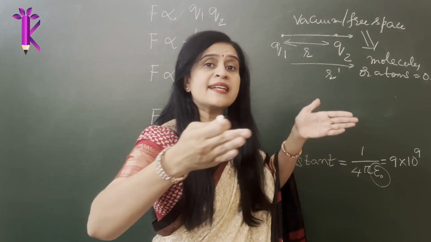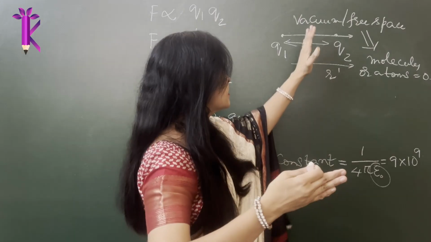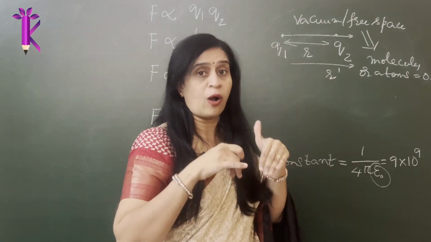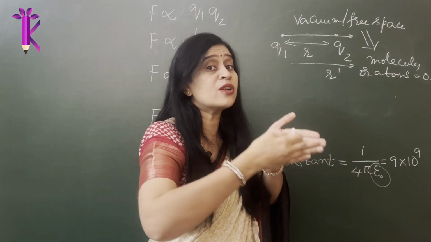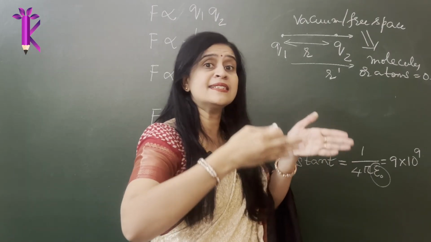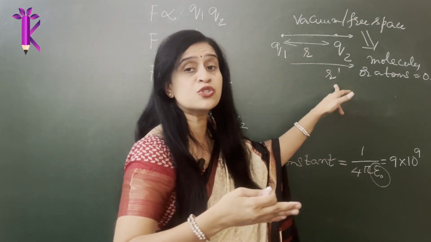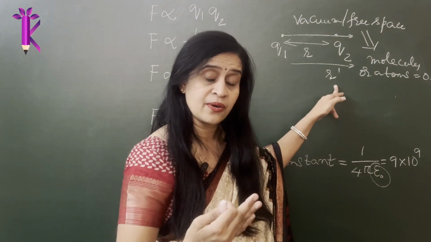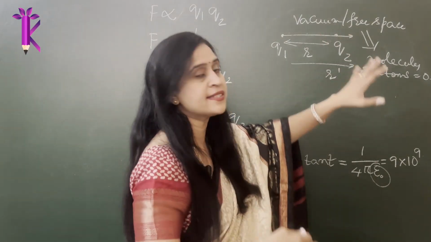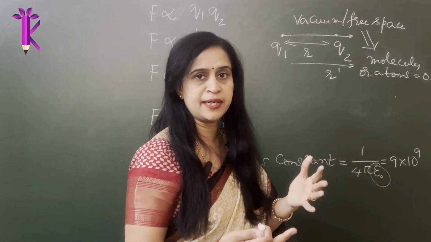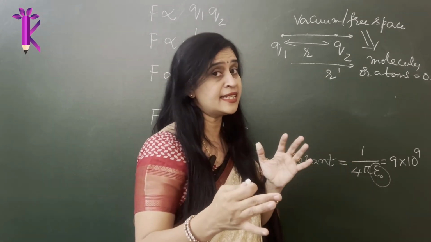That means this has also drifted away. Although we are assuming it to be stationary, you see that it has also drifted away in such a way that the distance has changed from R to R dash, right? So therefore he assumed that it was kept in free space. So there was nothing to interfere in between. The medium was clear, nothing in between.